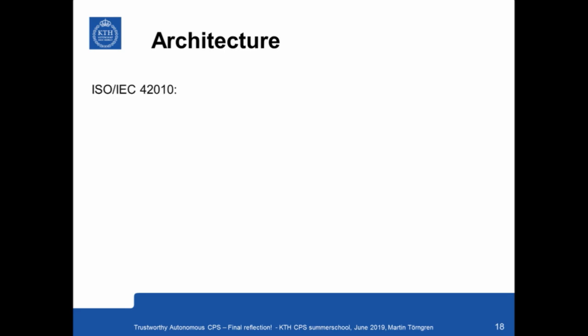Okay, I mentioned architecture. And architecture is a term that's used very, very differently. And if you want to be ISO compliant, if you want, you don't have to be, then you should have a look at that standard, which defines the concepts of architecture, views and viewpoints.